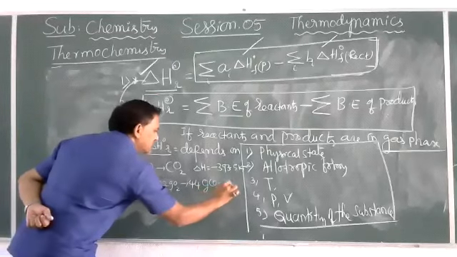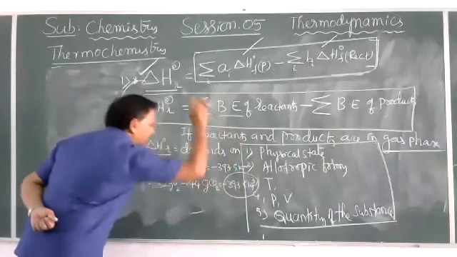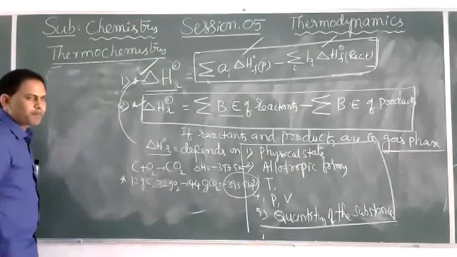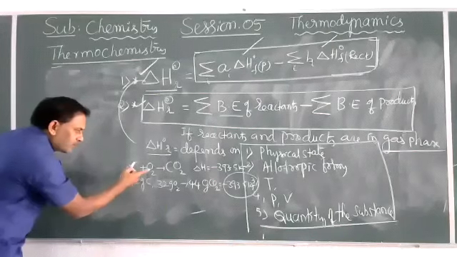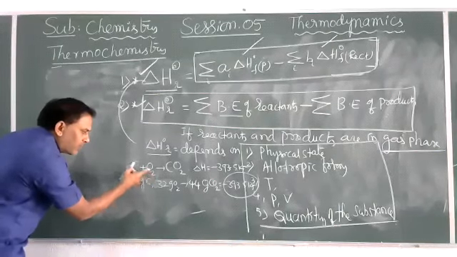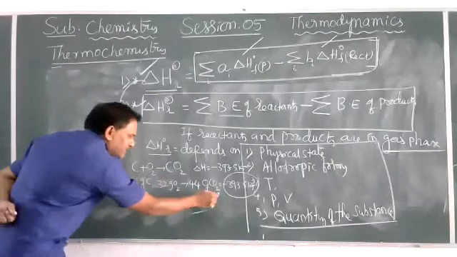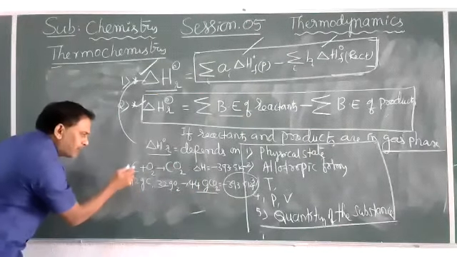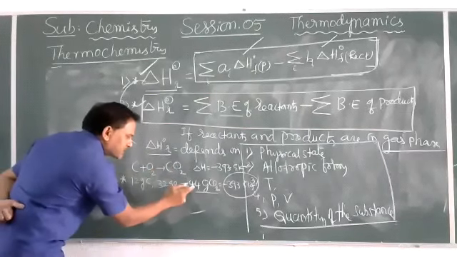Now here minus 393.5 kilojoules amount of heat is liberated. This is the standard stoichiometric equation. 12 grams is the atomic weight of carbon, 32 is the molecular weight of oxygen, giving 44 grams of carbon dioxide. This much amount of heat is liberated. This is the quantity of carbon, quantity of oxygen, and quantity of product formed, carbon dioxide.